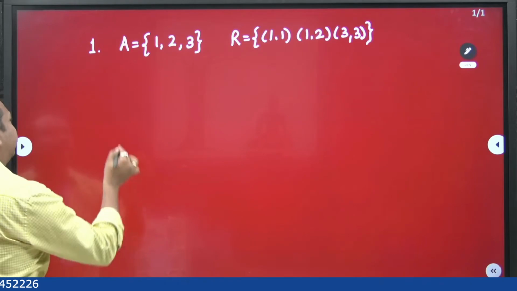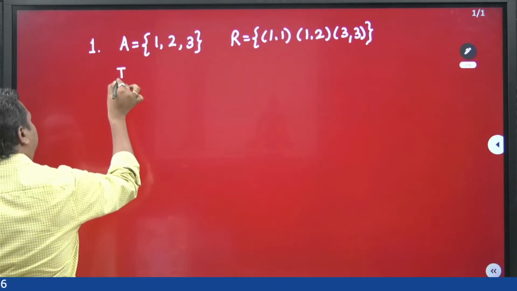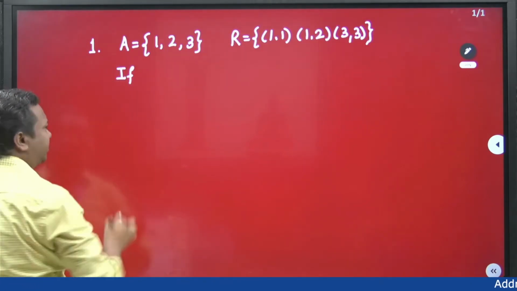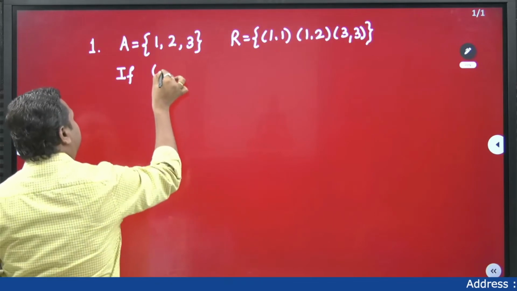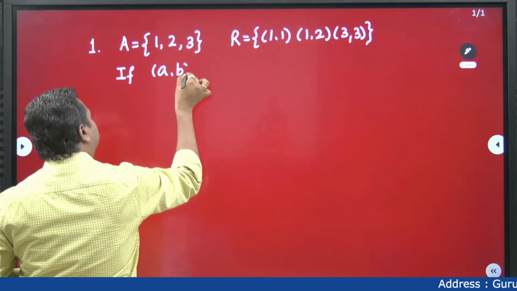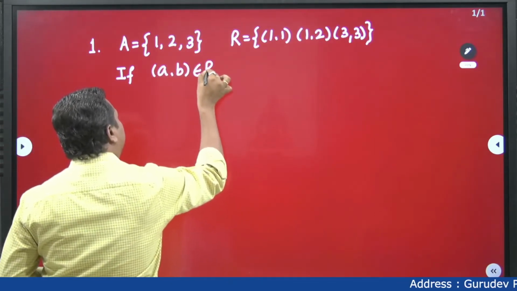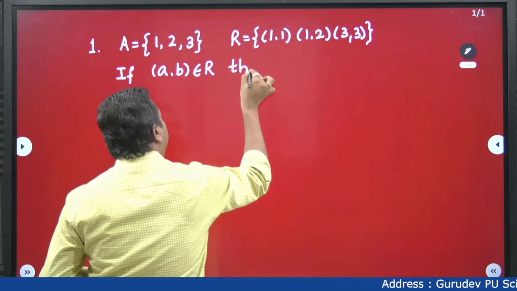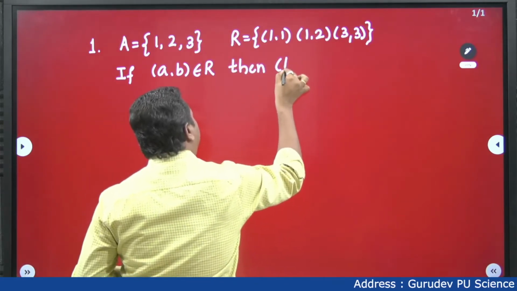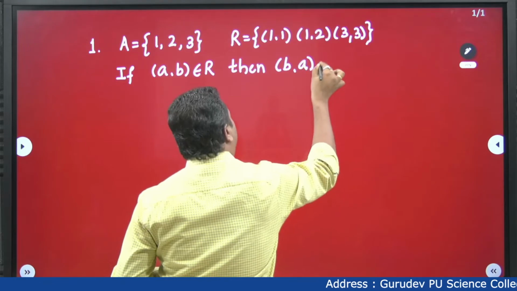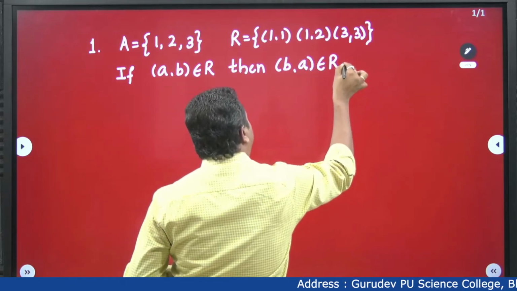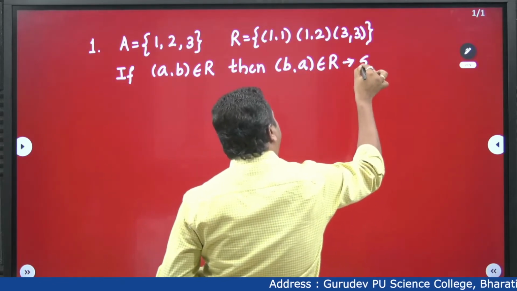So let us recall the definition of symmetric relation. If (a, b) belongs to the relation R, then (b, a) must belong to R. Then we say that the relation is a symmetric relation.